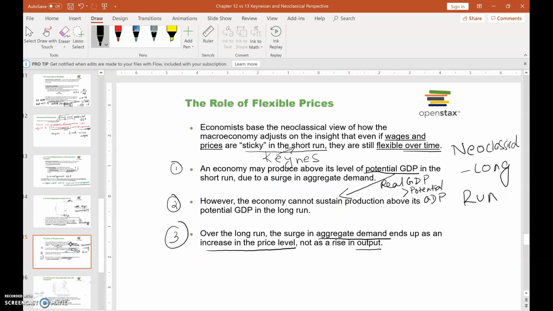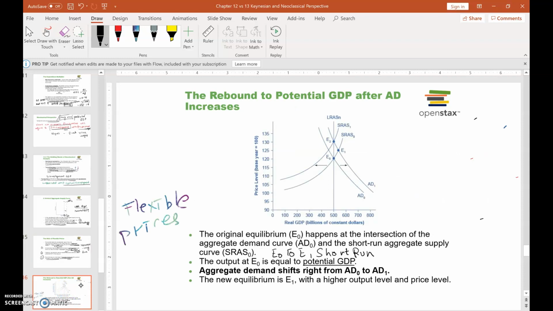We have flexible prices and wages in the neoclassical model, and this will help us understand what happens when aggregate demand shifts to the right and the real GDP is greater than potential gross domestic product. Let's take a look at this graph here.